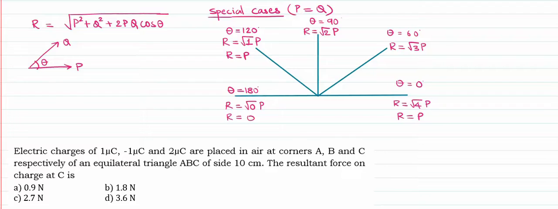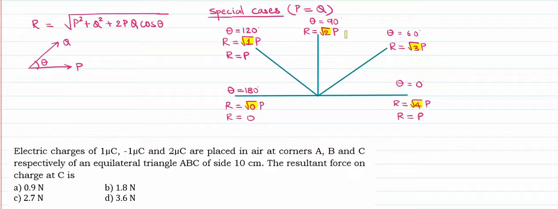If you observe clockwise, from 180 you first get root 0, then root 1 at 120, root 2 at 90, root 3 at 60, and root 4 at 0. So students, is it easy to remember?